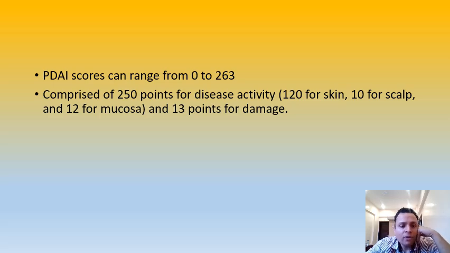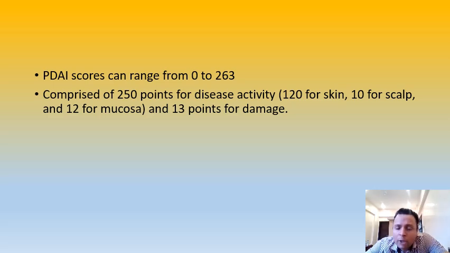So PDI ranges from 0 to 263. Where was the 1? Oh, it is absent. So 120 for the skin, 10 for the scalp, yes, it was 263. 12 for the mucosa, 120 for the skin, 120 again for the mucosa. Here it is written wrong, and 13 points for the damage. So it is 263.